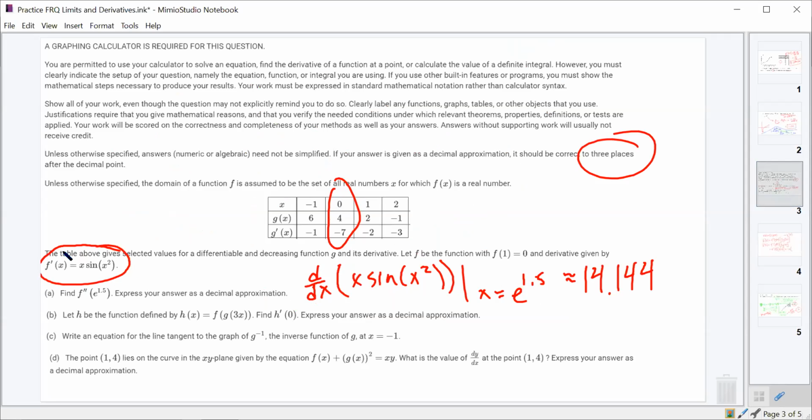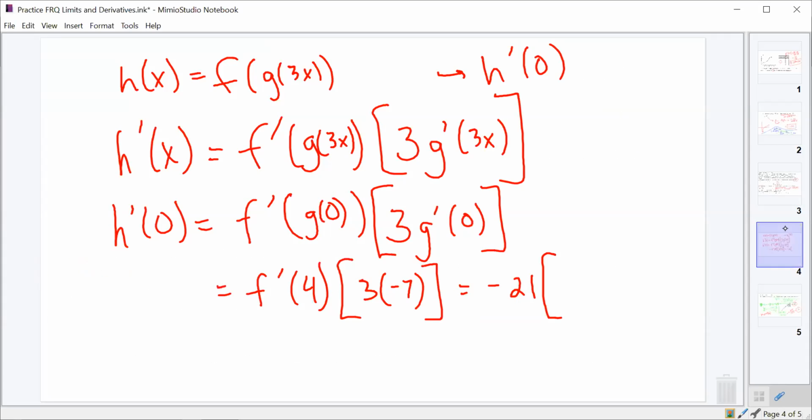So we have -21 times 4 and times the sine of 16. And your calculator will tell you what that is. What does that come out to be?